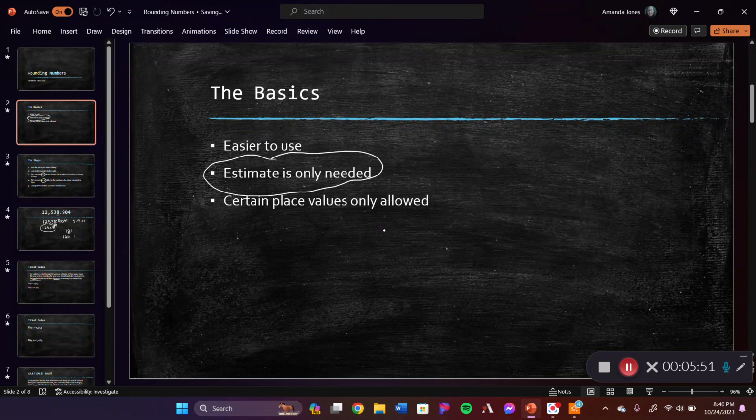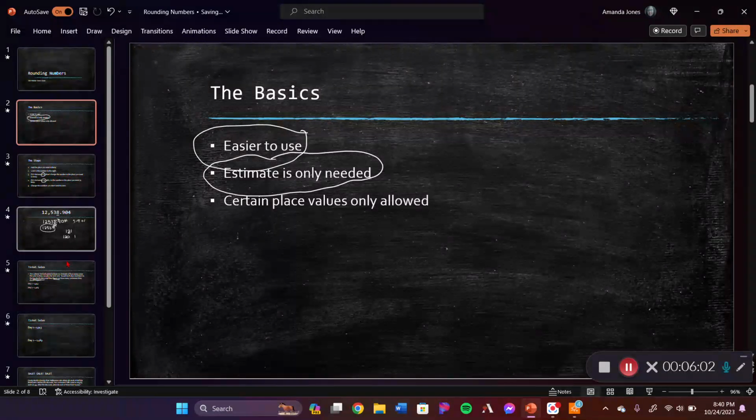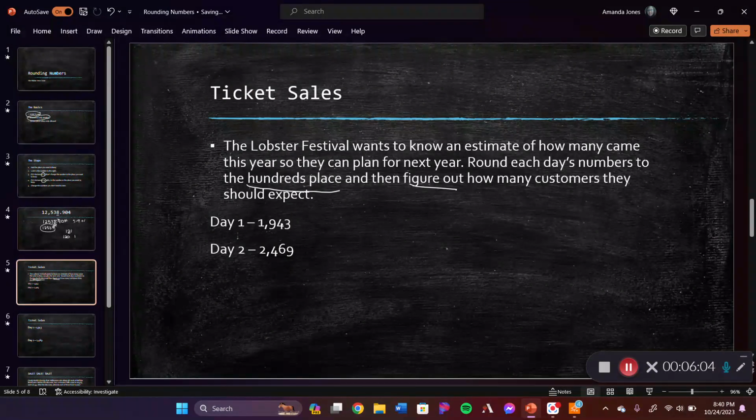They don't need to know down to the lobster how many lobsters that they need. They need just an estimate. Okay? And it's easier to use because we're going to estimate first. And would it be easier to add smaller or less complicated numbers than this? I'll show you what I mean in a second.